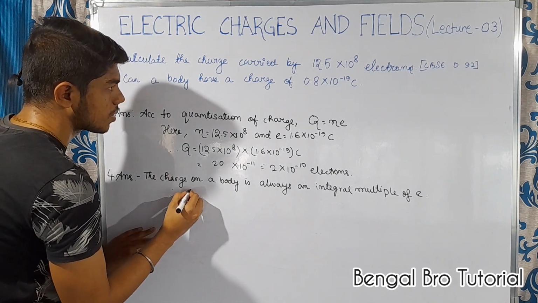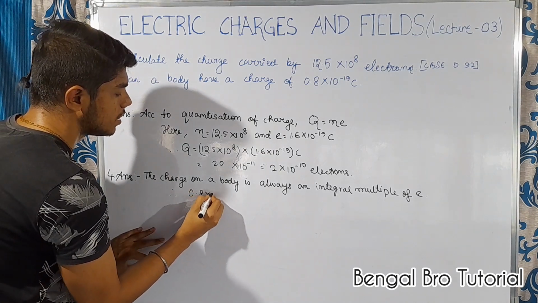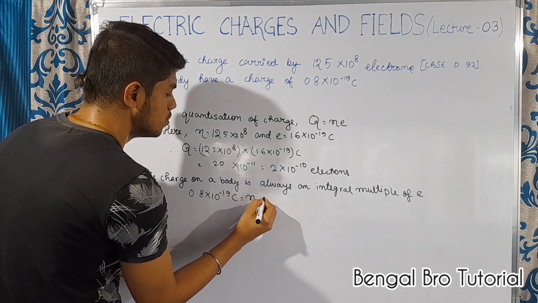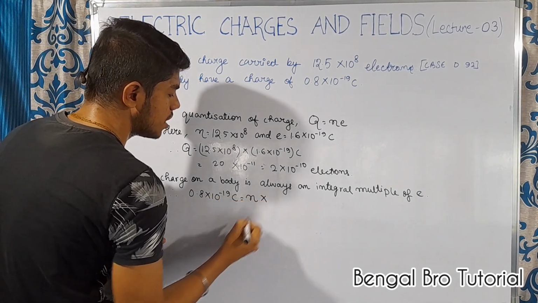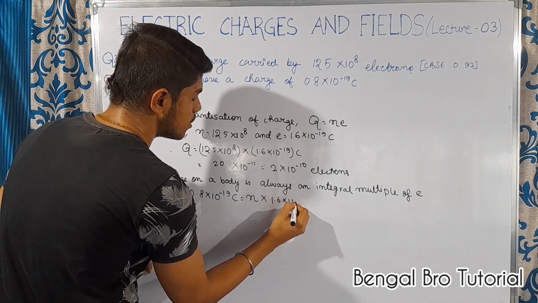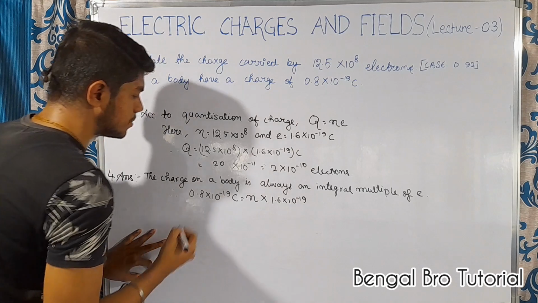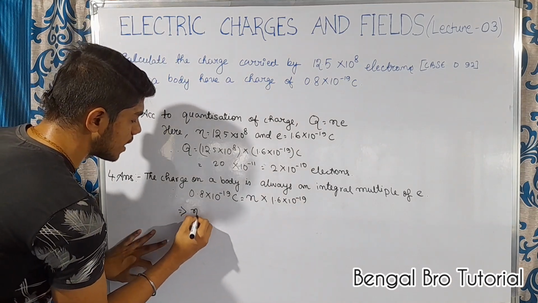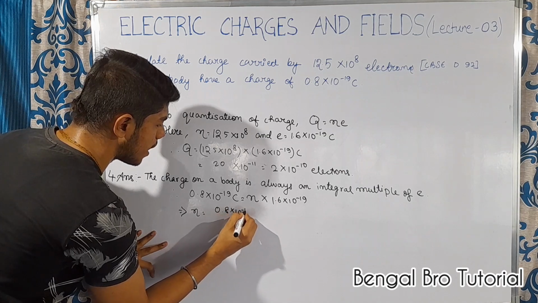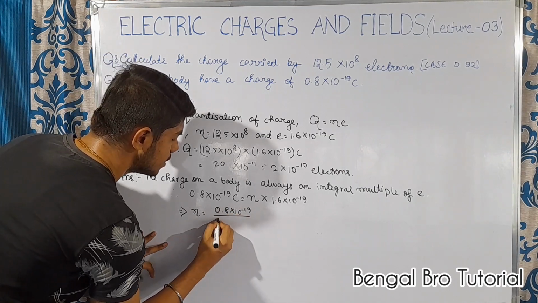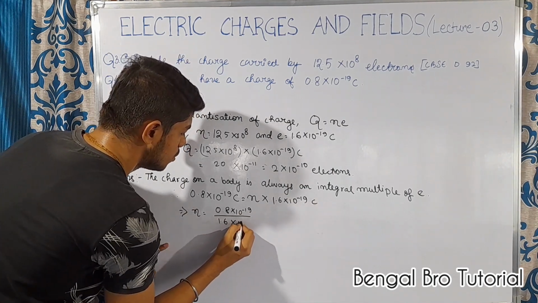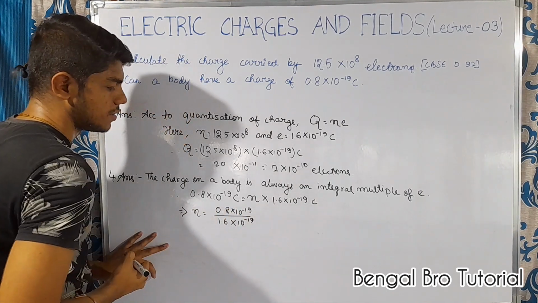Therefore, 0.8 into 10 to the power minus 19 coulomb is equal to some integer N multiplied by 1.6 into 10 to the power minus 19. From here we can calculate N is equal to 0.8 into 10 to the power minus 19 by 1.6 into 10 to the power minus 19.